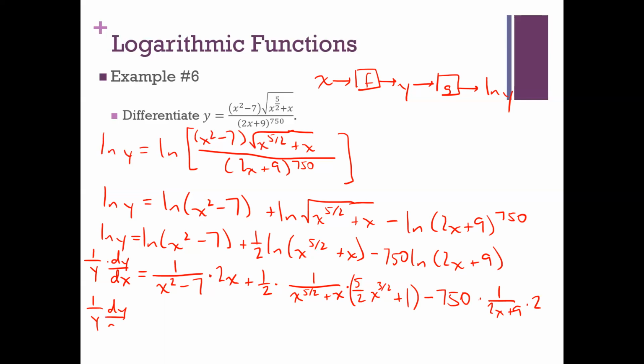But now I've got 1 over y times dy dx. Does anything clean up? Kind of. That doesn't cancel anything next to it. So 2x over x squared minus 7, plus 5x to the 3 over 2 plus 1 over 4x to the 5 over 2 plus x.